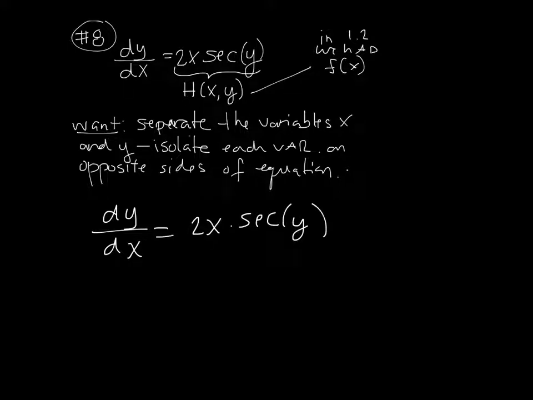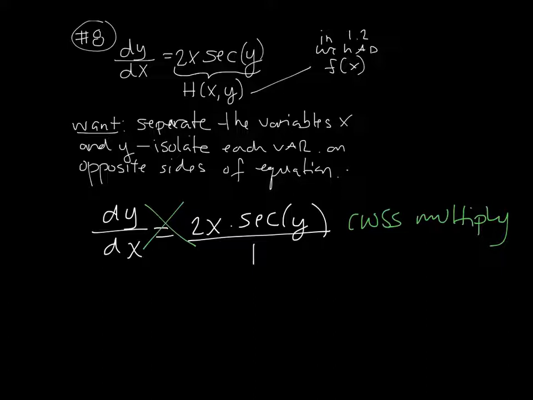This is just a proportion, so I can cross multiply, just by our algebra properties. dy times 1 is dy, and dx times this expression, these are our means and extremes. So we have dy equals 2x times secant of y times dx.